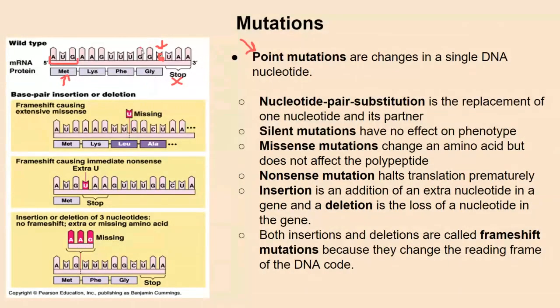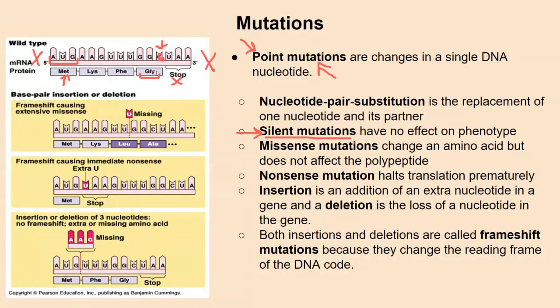If it's on the second or the first location, it may change the amino acid sequence. So this could have a visible result, or it could be silent. This is called a silent mutation when it has no effect at all. Also, if the mutation happens after the stop point or before the start point, it will be silent and not have any effect at all.